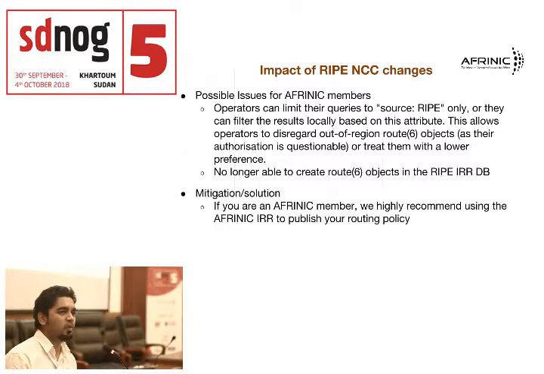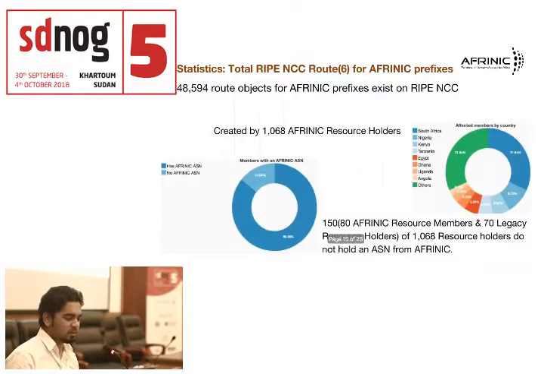So the RIPE-NONAUTH was no longer working for them. And they actually had some big impact on their announcements and on their traffic, the live traffic for their customers. So if you are a member or you hold any resources as a legacy resource holder at AFRINIC, you can actually come to AFRINIC and create your objects, and you can sleep peacefully at night.